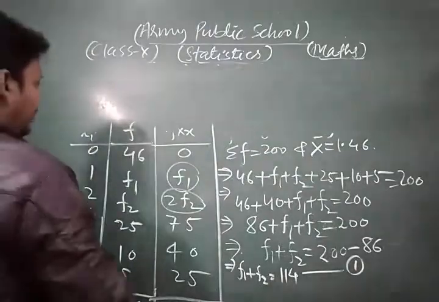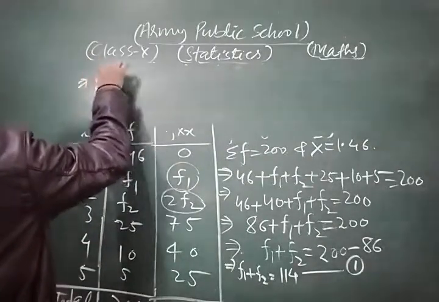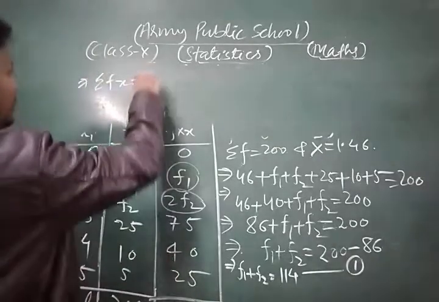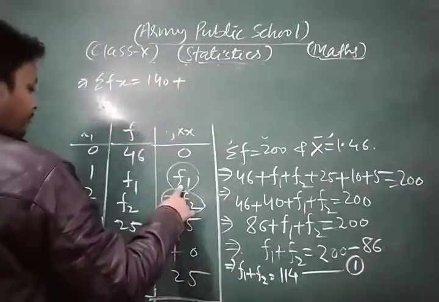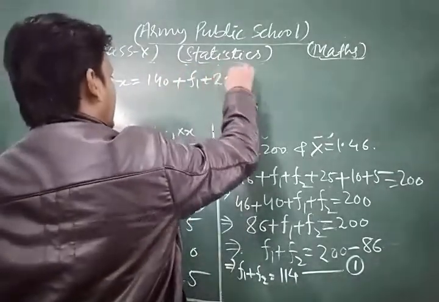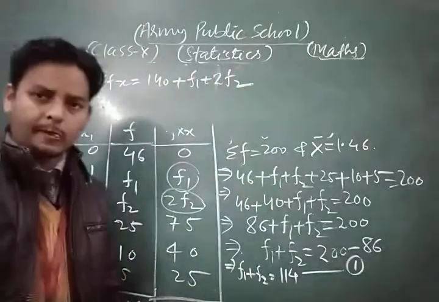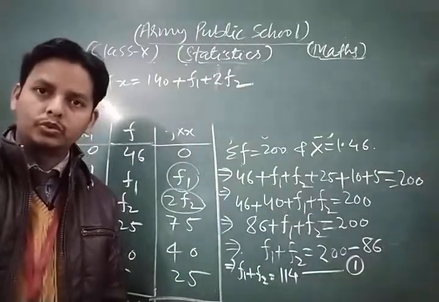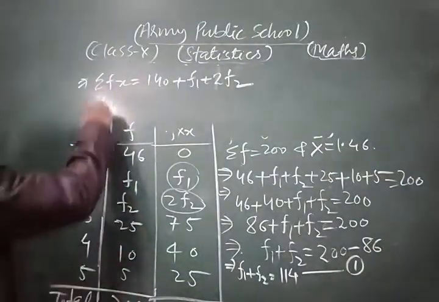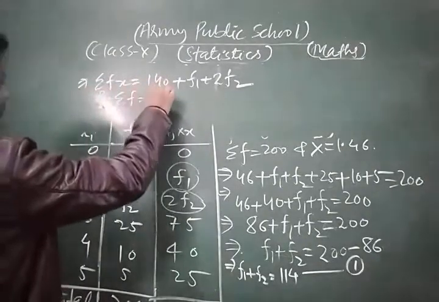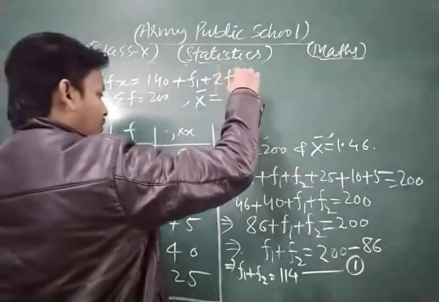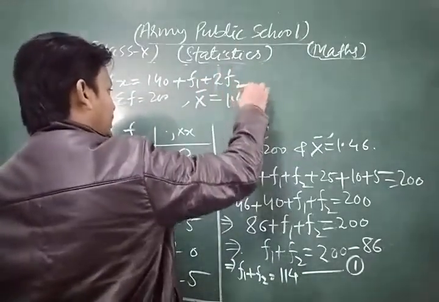So sigma f into x is equal to 75, 100, 140 plus f1 plus 2f2. And sigma f is given as 200, and the mean of the given distribution is 1.46.